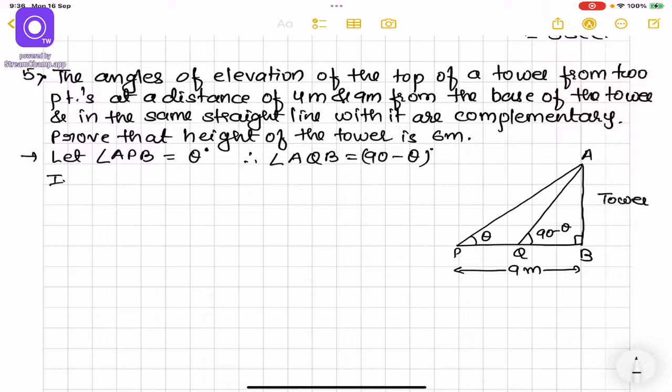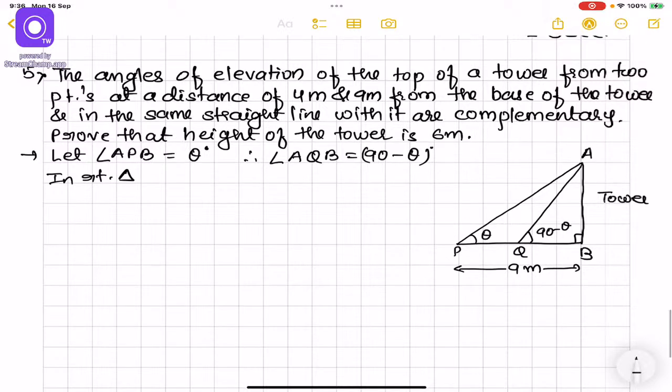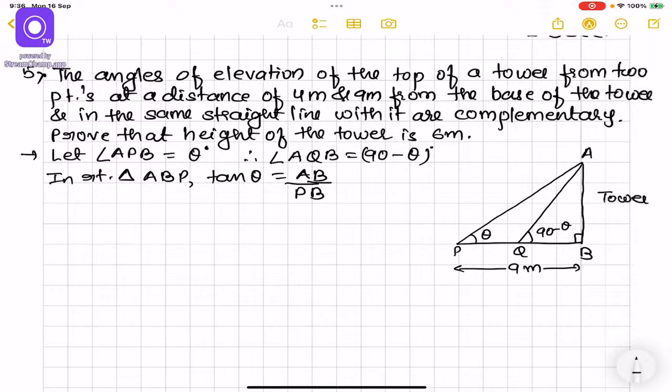In right triangle ABP, tan theta equal to AB upon PB. So therefore tan theta will be AB upon 9.